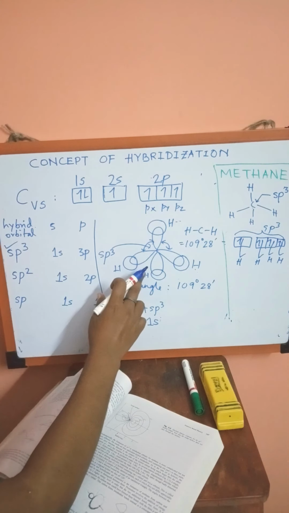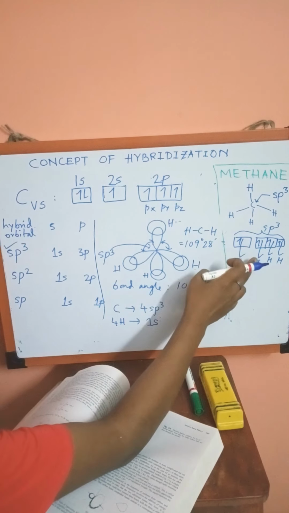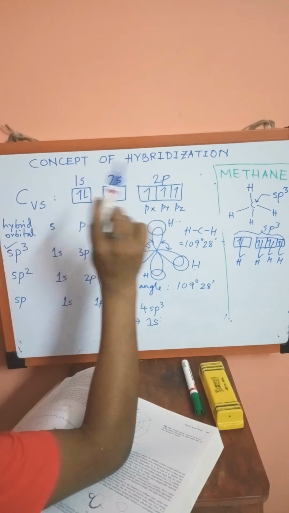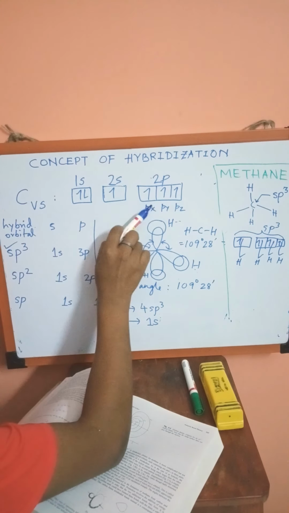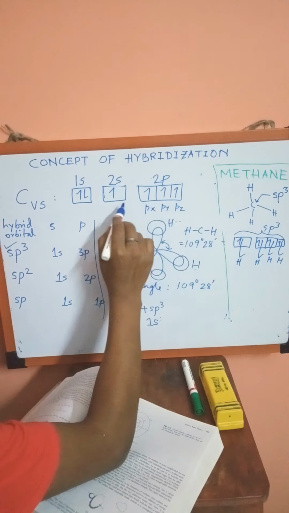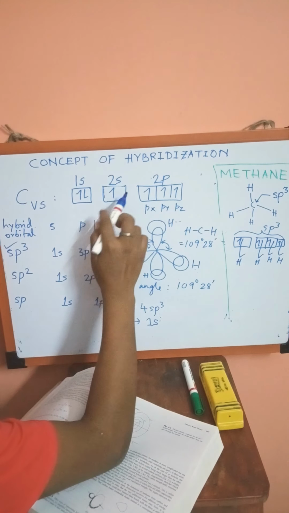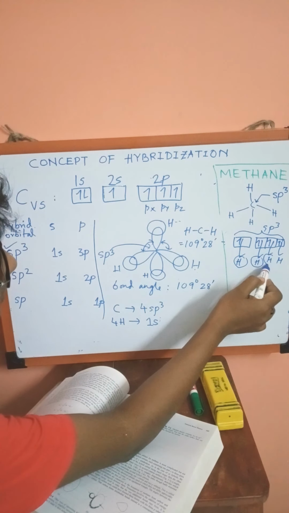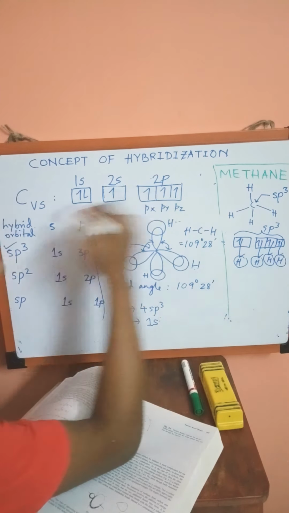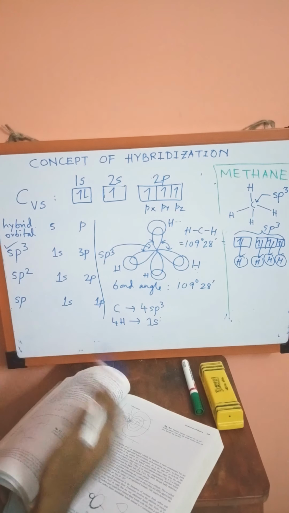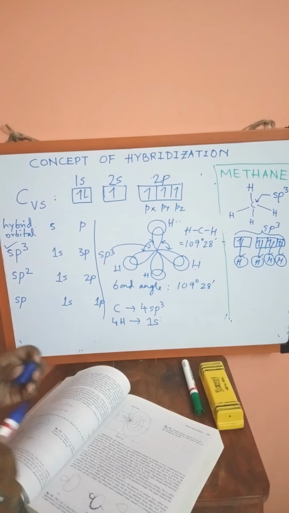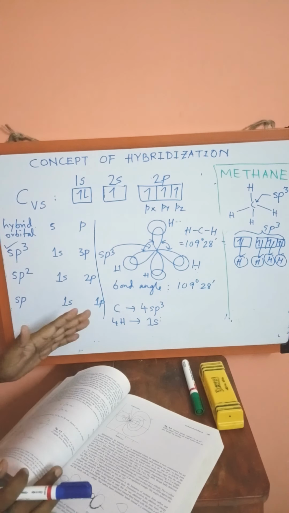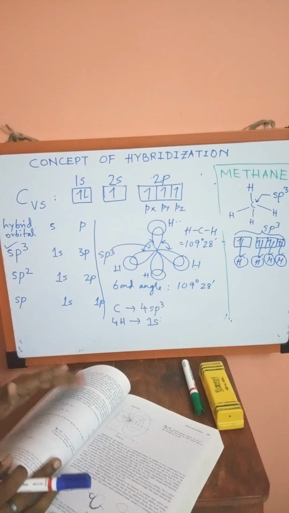In an orbital box diagram, you can represent first the carbon atom in ground state, then the carbon atom in valence state. You make some hybrids, and from this you can attach 4 hydrogen atoms. So you will get a CH4 molecule. This is how you can represent an sp3 hybridized molecule, and this is the representation of hybrid system or hybridization.